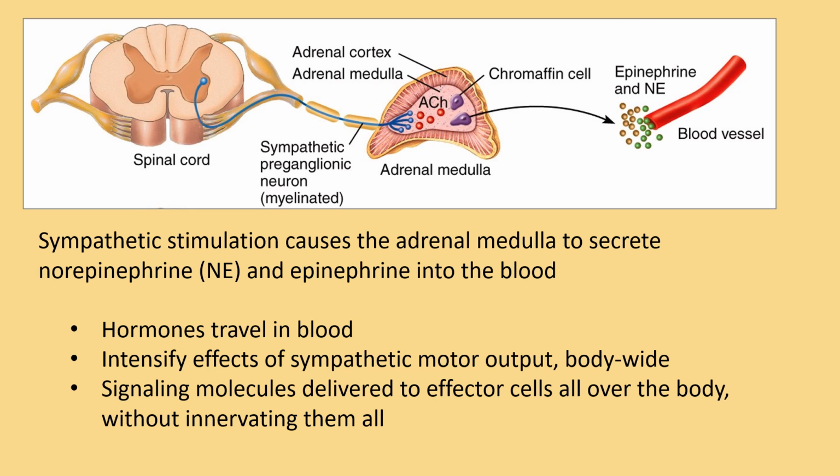So here's that middle panel that I had blacked out before, and I'll show it to you in context later. So let's just go through the pathway. We're looking at sympathetic motor output that leads to the adrenal medulla. So let's start with the motor neuron. It's motor neuron number 1, the preganglionic motor neuron.